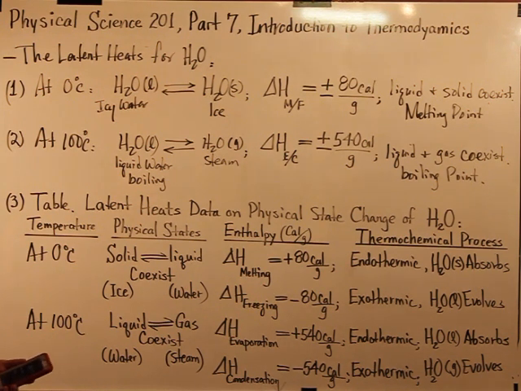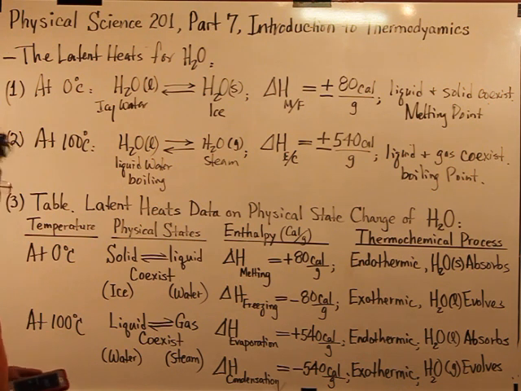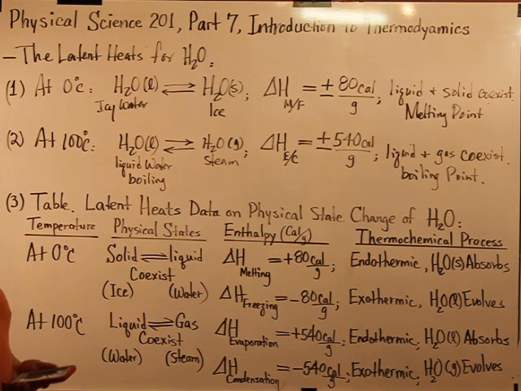Two latent heats, right? One is the heat, or thermal energy, required to change the physical state from solid to liquid. Another one is the energy required to change the physical state, let's say for water, or any substance, from liquid to gas.